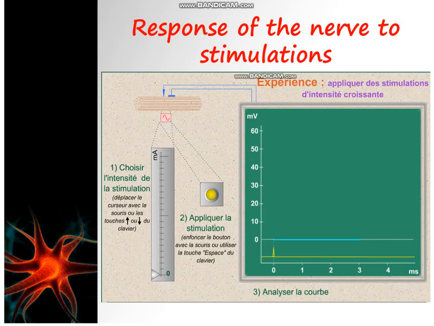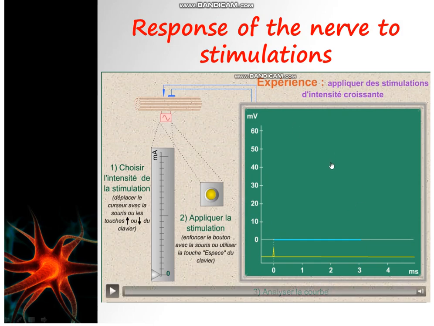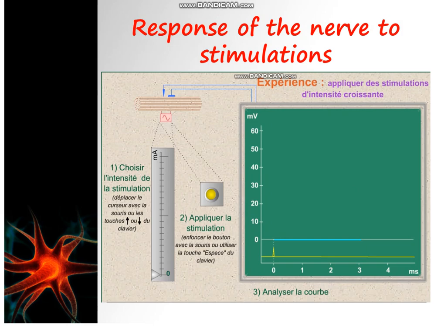In this experiment, a nerve is submitted to stimulations of increasing intensities. Using the oscilloscope, we record the response of the nerve. Notice that we are measuring the global potential of the nerve, which represents the summation of electric activities of different types of nerve fibers in this nerve.